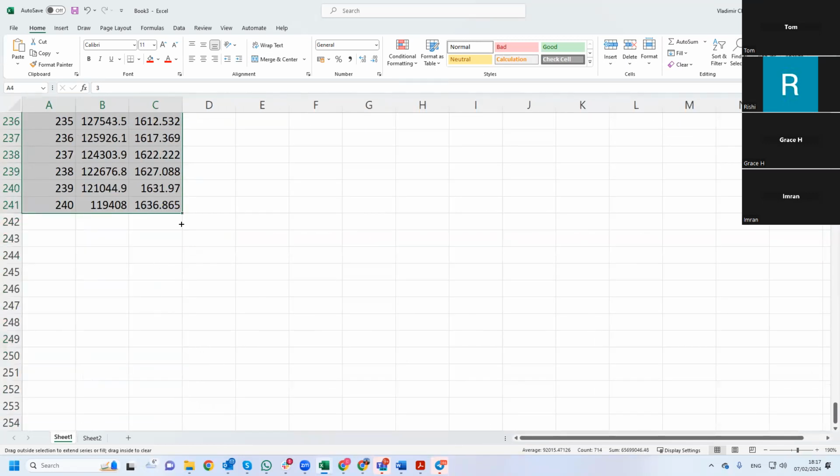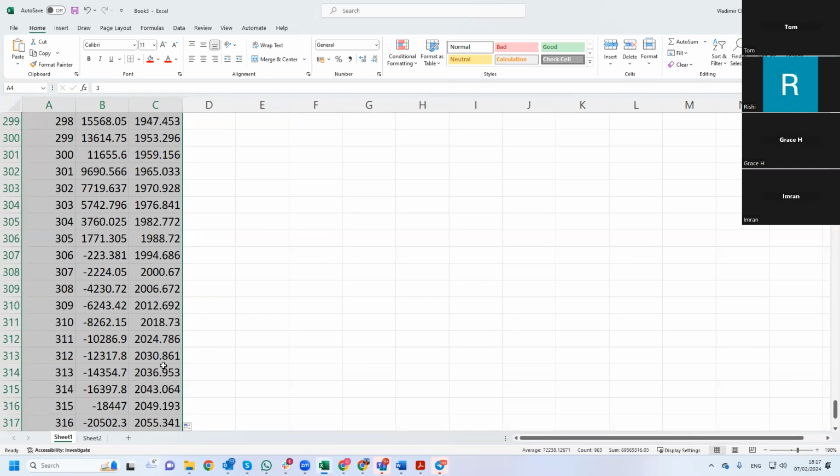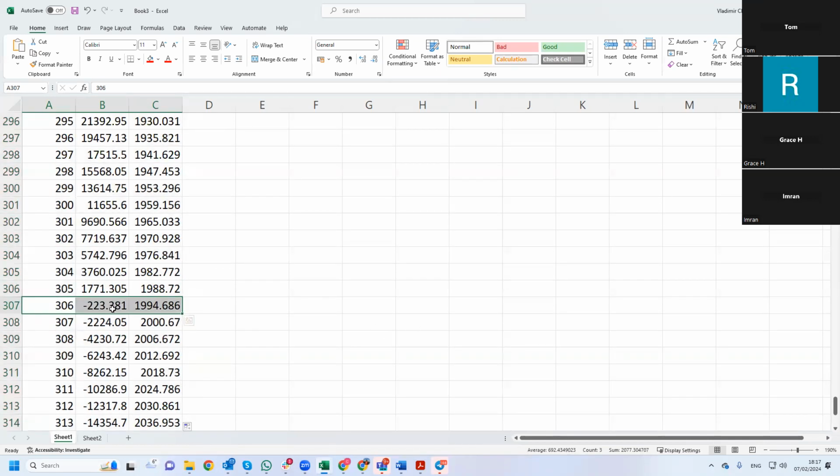You're still going down. All right, so it will take you 306 months to repay if you pay 2,000 every month. And you can see that towards the end, your debt goes down almost by 2,000 every month because you pay very little interest.